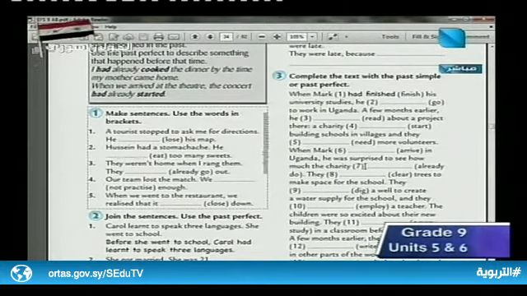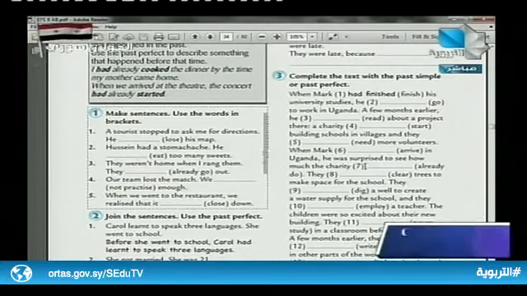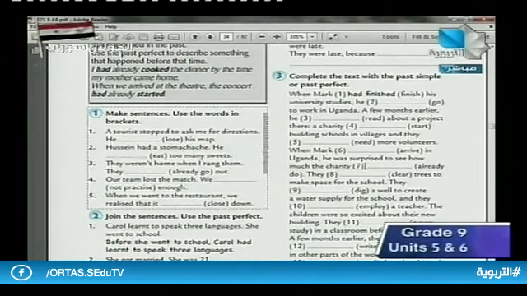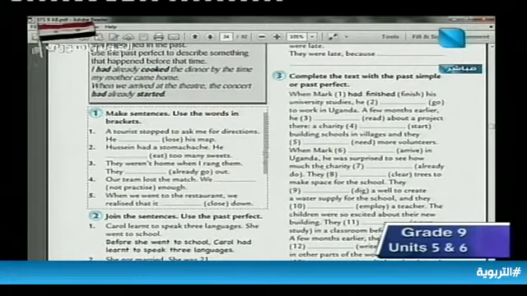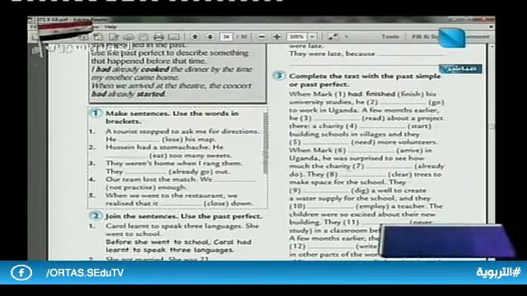A few months earlier, he had read about a project there. A charity had started building schools in villages, and they needed more volunteers. Yes, when Mark arrived in Uganda, he was surprised to see how much the charity had already done.